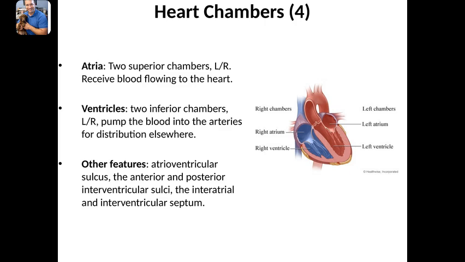Then that's going to fill up, and it's going to push open the left atrioventricular valve, or the bicuspid, otherwise known as the mitral valve. Blood is going to fill up, glug, glug, glug, into the left ventricle, which is the largest ventricle and the part of the heart that drives the systemic circulation.